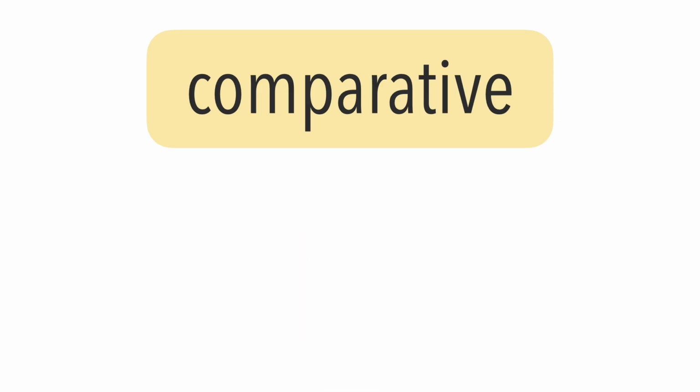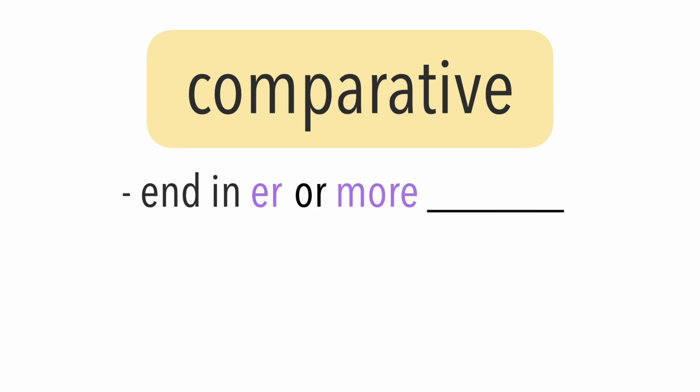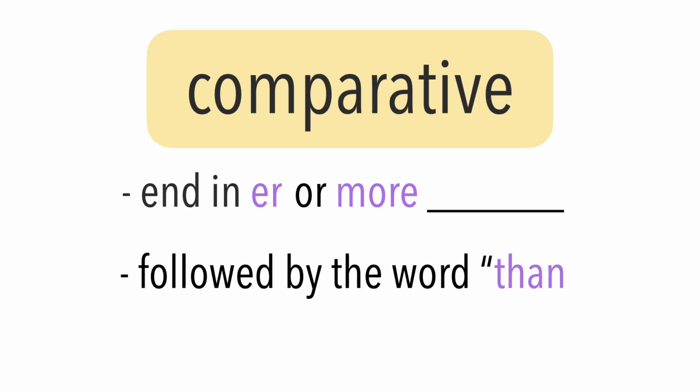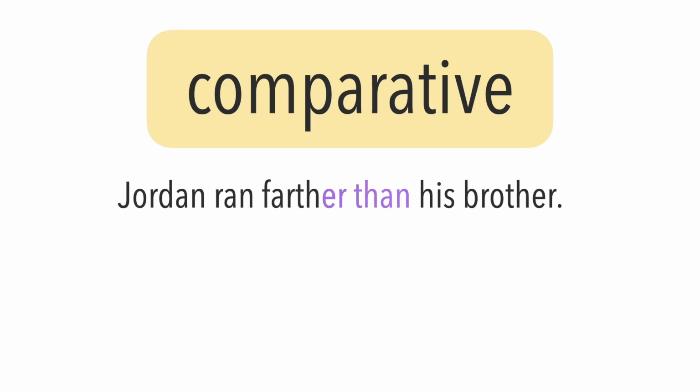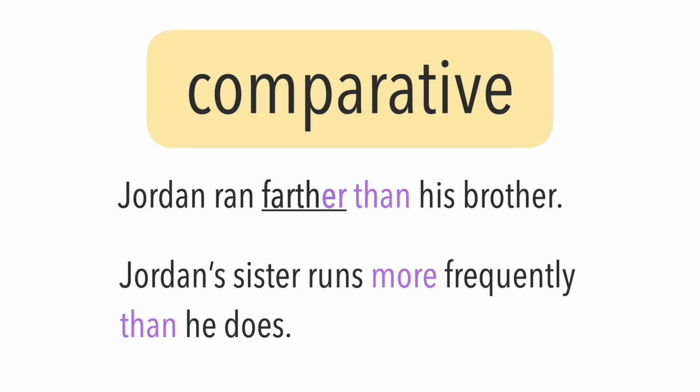Most regular comparative adverbs end in er or have the word more before the adverb. They are also frequently followed by the word than. Like in this sentence, Jordan ran farther than his brother. Or in this one, Jordan's sister runs more frequently than he does.